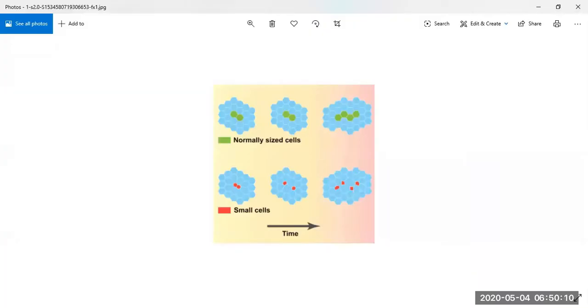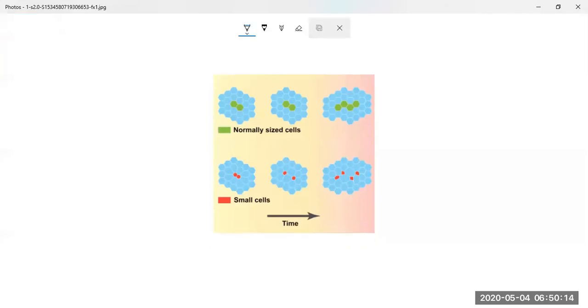This is another example of cellular or nuclear pleomorphism. You can see the cells in normal size, the green structures, all arranged in the same structure, same cells. There is no variability.